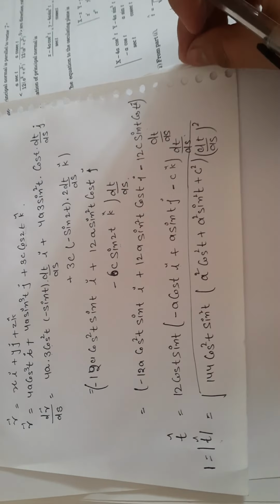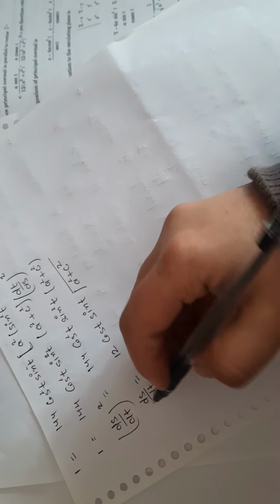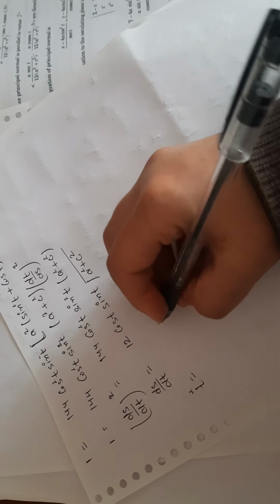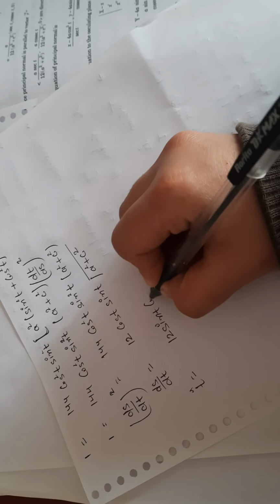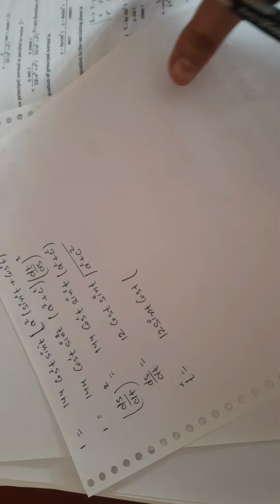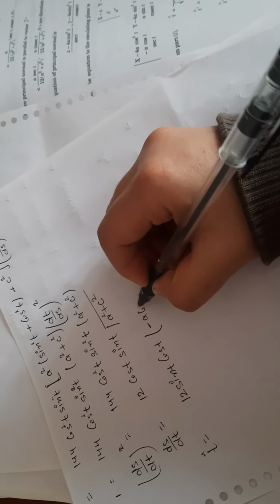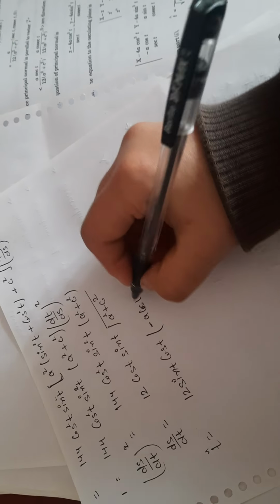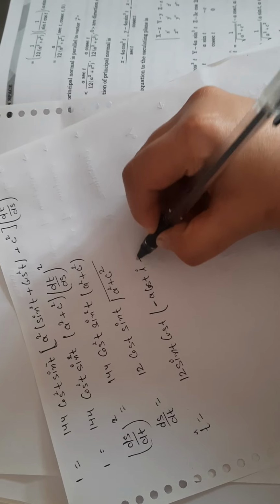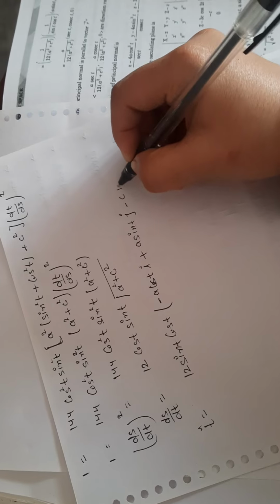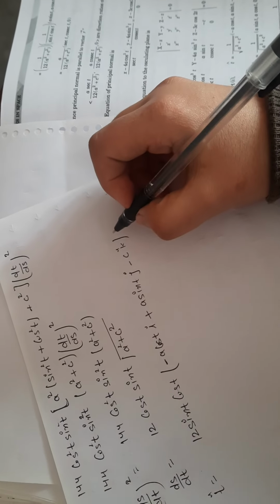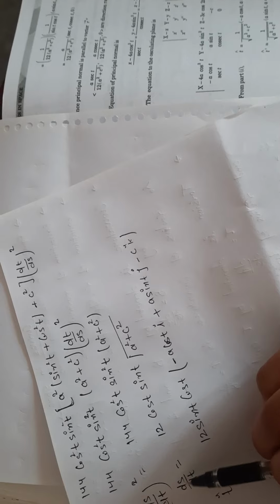So you have t cap equals to 12 sin t cos t times minus a cos t i plus a sin t j minus c k, and the value of dt by ds is the reciprocal.